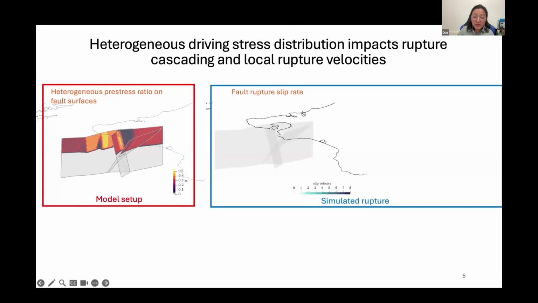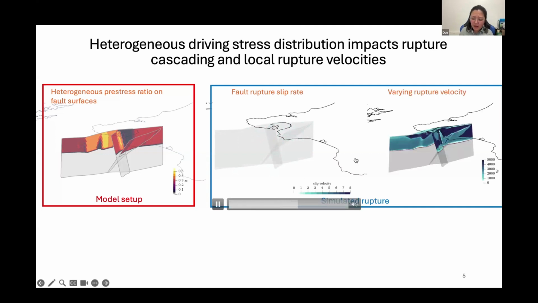So here is the result. The color shows the slip rate and how it evolves over the co-seismic rupture. The rupture itself is quite heterogeneous. The color represents the rupture speed, which is not uniform, and varies quite a lot in space. It's related to the very local balance of stress in the simulation.